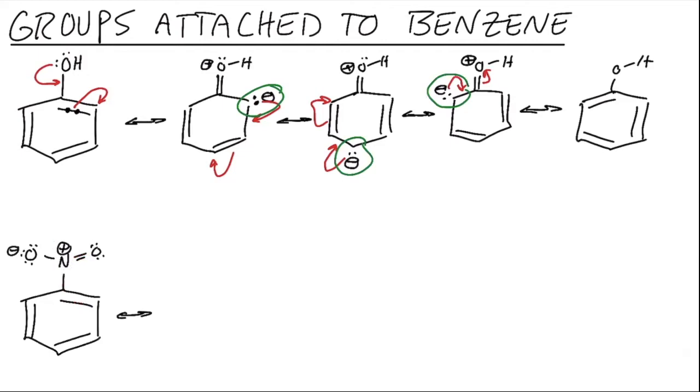So let's take these electrons here. In fact, I'll leave those drawn in like so, and then we'll bring them out of the ring to form a new CN double bond, and we'll break this NO bond. That'll give us a resonance form that looks like this, where now we made that new CN bond, as I already said.